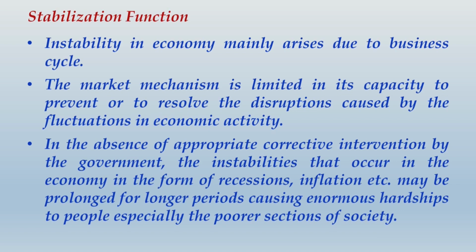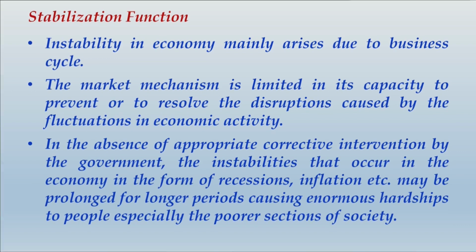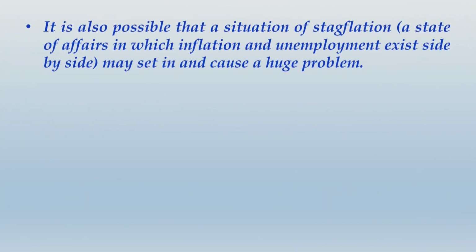Alright friends, I am sure you have finished writing this much. Let us move ahead and continue writing further. It is also possible that a situation of stagflation, that is a state of affairs in which inflation and unemployment exist side by side, may set in and cause a huge problem.